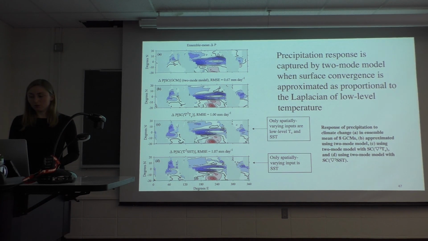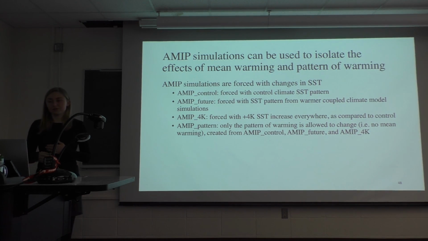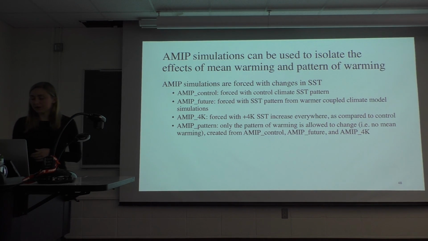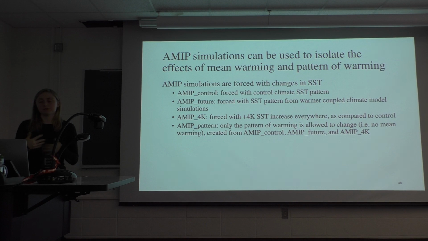So I'm almost done. I have just a few more slides. But basically, these coupled models are complicated, right? So we simplify this a little bit more by looking at them in atmosphere-only models, the AMIP simulations.